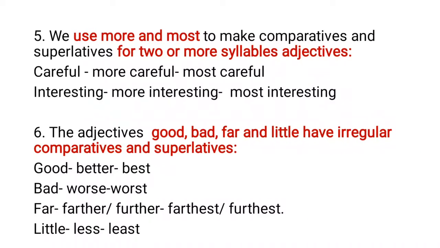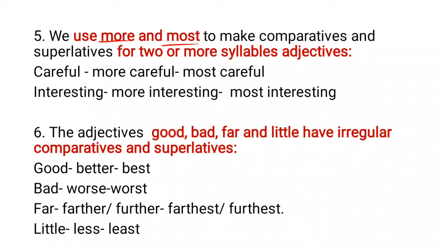For using more and most, the rule is quite easy to remember. The adjectives with two or more syllables or two or more vowels take the words more and most to make their comparatives and superlative forms.